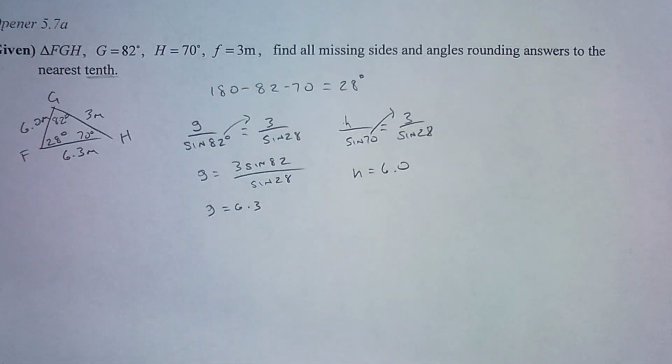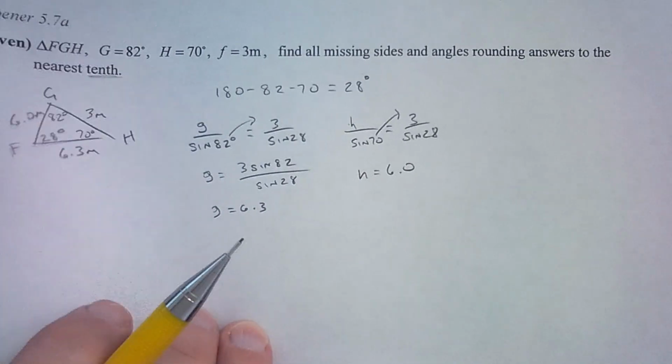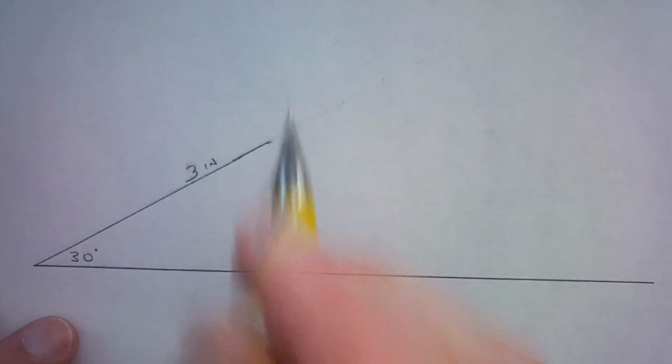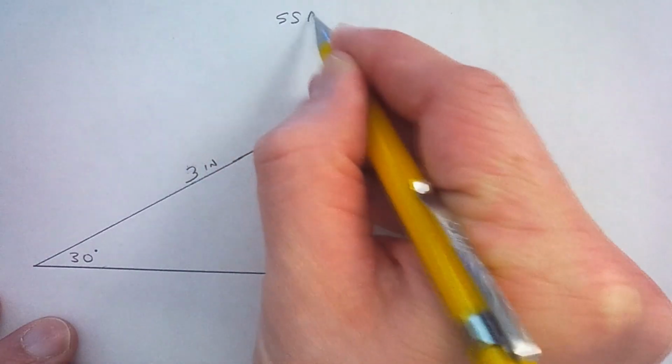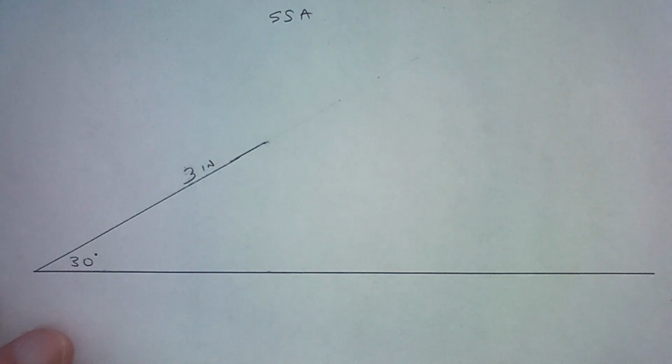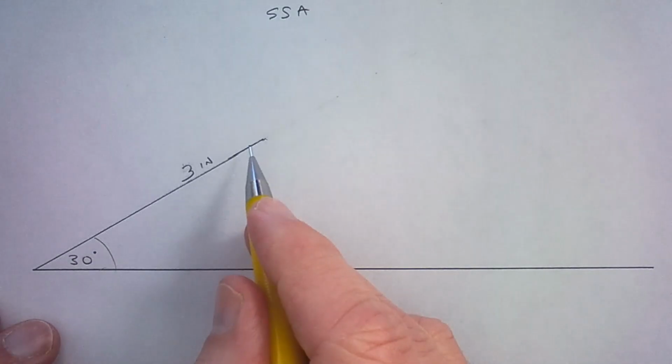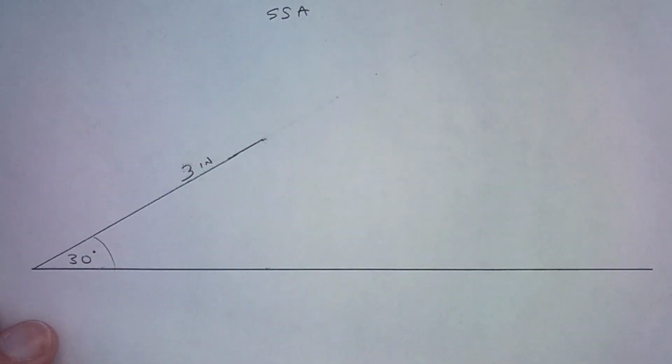But there is a problem when we use law of sines, and that problem comes into play when we have two sides and an angle that are given. Okay, so when it's specifically side-side angle, so two sides and a non-included angle. So here I've got an angle fixed at 30 degrees. I've got one side length fixed at 3 inches.